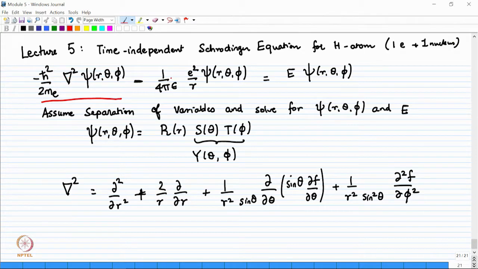The next term is the potential energy term, written in terms of the constant 1 over 4 pi epsilon, e square, where e is the charge on the electron and the nucleus, over r, multiplied by the wave function, and this should be equal to some constant E, which is the eigenvalue of the energy, times psi.